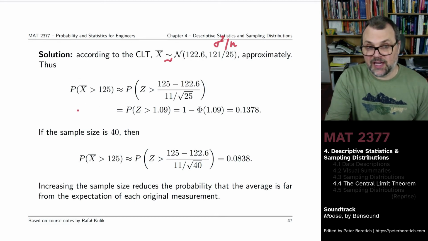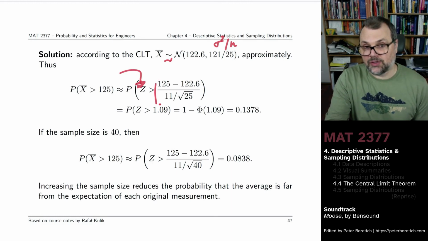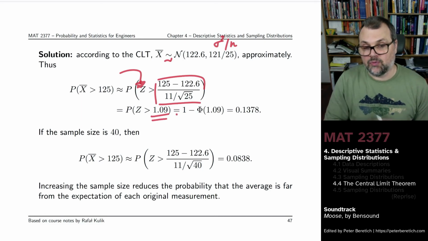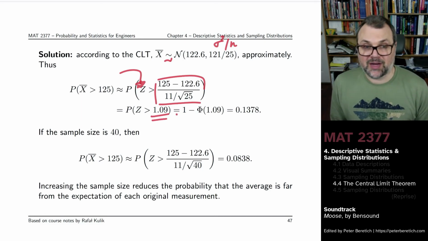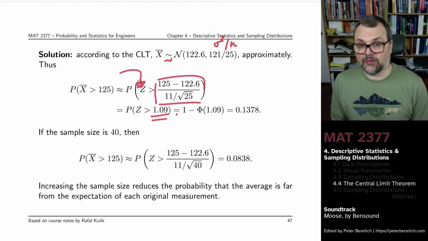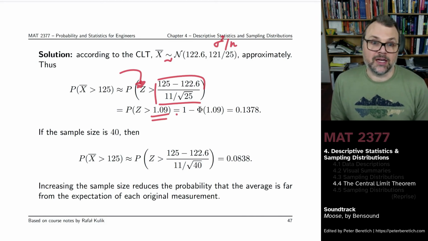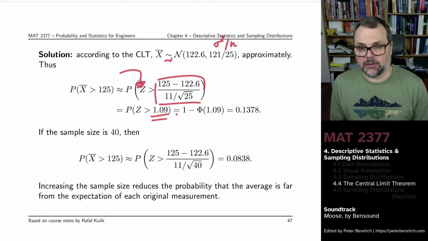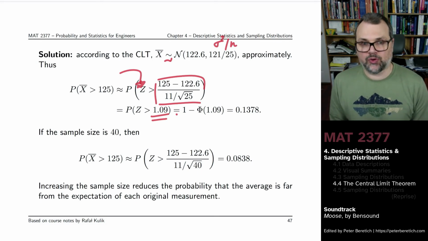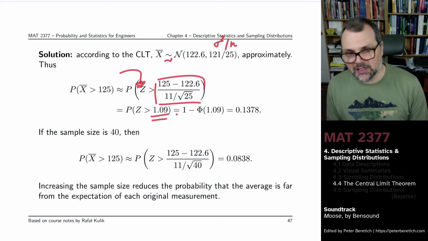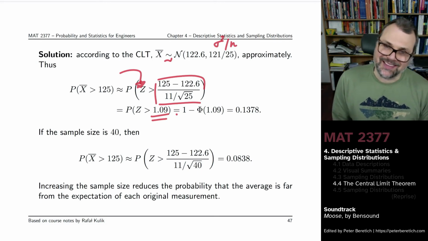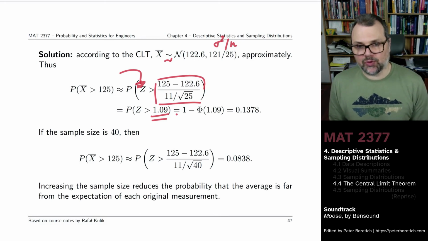That side on the left would become the standardized bit, and then you have the expression on the right that you have to evaluate, and this one evaluates to 1.09. So the probability that a cohort of 25 women would get an average systolic blood pressure higher than 125 would be approximately the same as the probability that the standard normal would be greater than 1.09.